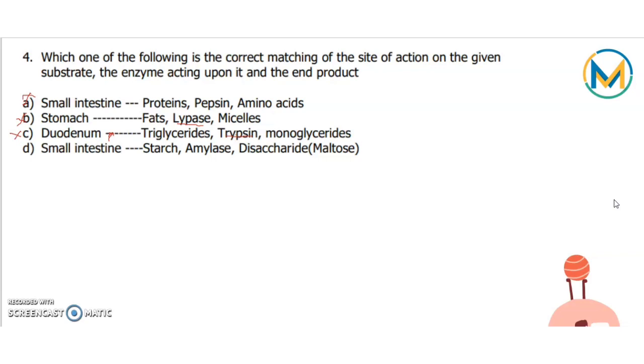Enzyme acting upon it is amylase, and the end product is disaccharide, which is maltose. Now here, this starch will give on hydrolysis disaccharide maltose, and the enzyme required is amylase. So this is a correct option, and the correct answer is option D. And the pancreatic amylase is released into duodenum via pancreatic duct. Duodenum is a part of the small intestine.